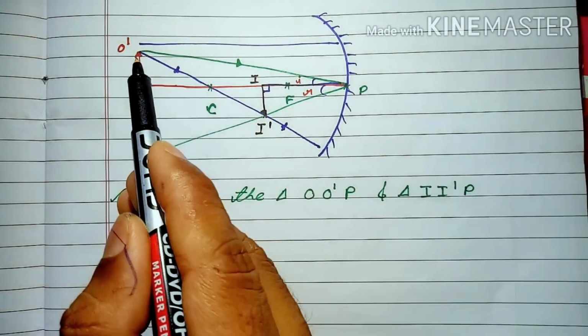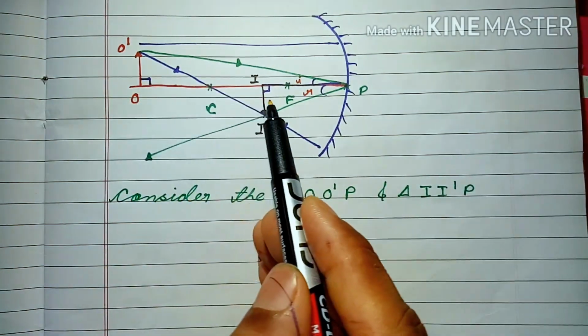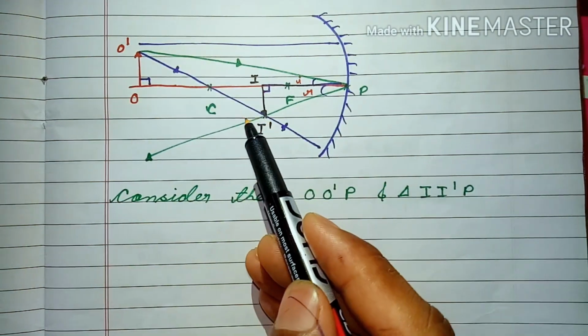So we can say that this triangle is similar to this triangle.